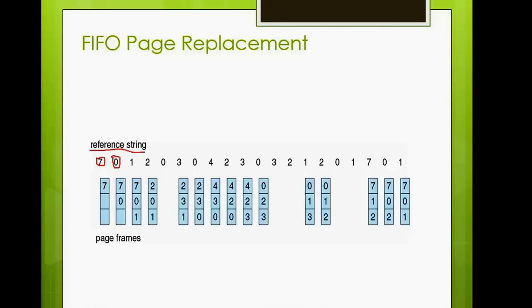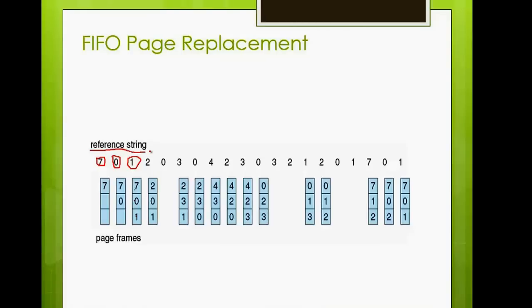No replacement required, as there is no competition for getting into the frame, since there are empty spaces. Now 1 comes. 1 undergoes a page fault, and it will be put into an empty slot available. Now when 2 comes, there is no empty slot available, so some page within 7, 0, 1 has to be replaced with 2.